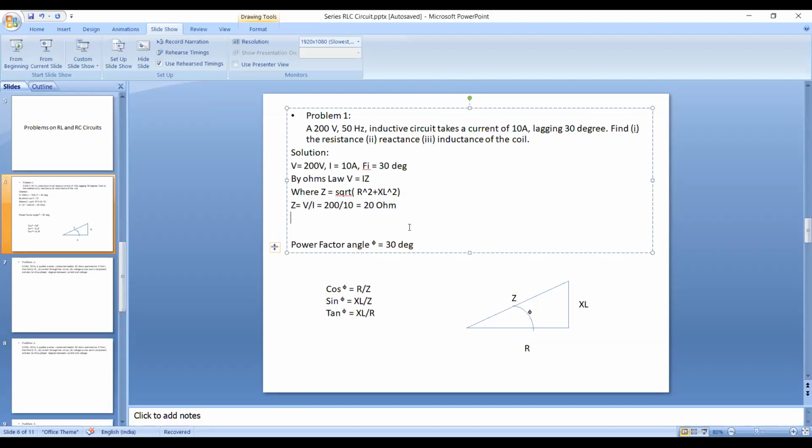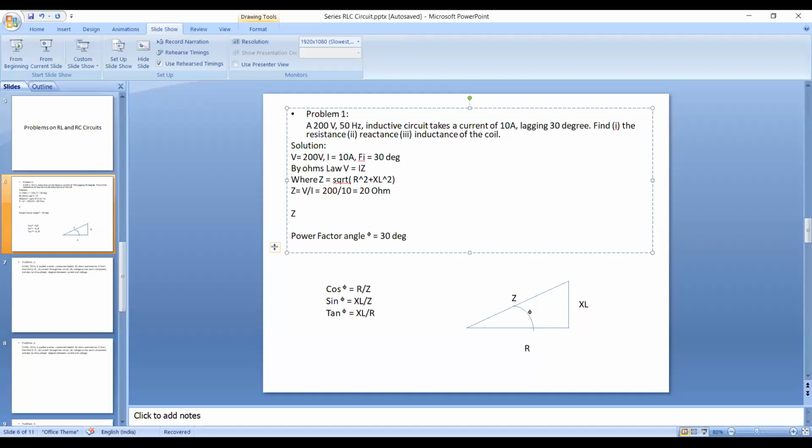That is just the impedance, but we do not know the constituents of impedance. If you can recall yesterday's lesson, for an RL circuit, it is R plus j into XL. So impedance is known, that is 20 ohm.